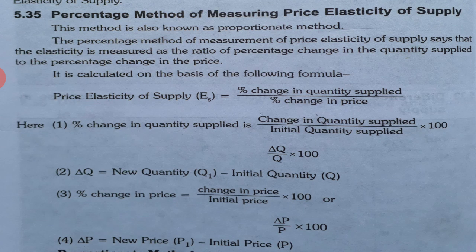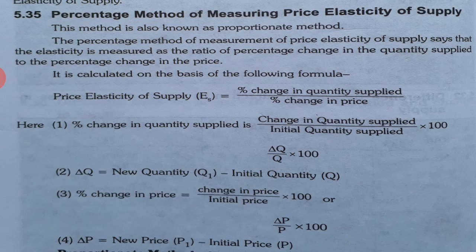There are two methods of price elasticity of supply. First, percentage method of measuring price elasticity. So this is called proportionate method. For this, we calculate it by using a formula.